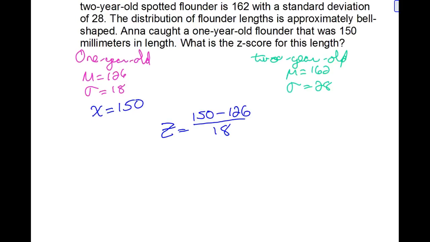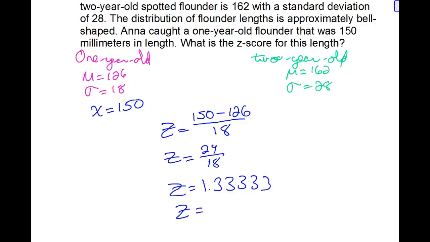When I do that, 150 minus 126 is going to give me 24, divided by 18. And 24 divided by 18 is going to give me 1.333333, when you do this out on your calculator.